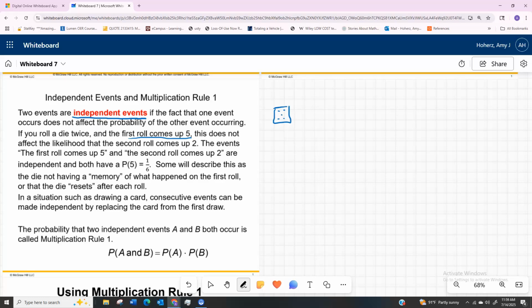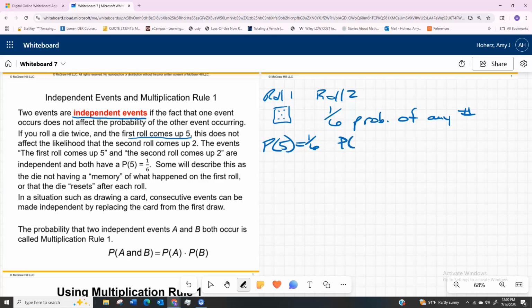Just because I roll a 5 the first time doesn't mean that on roll 2, I don't still have a 1/6 probability of any number on the die occurring. I have a 1/6 chance of a 1, a 1/6 chance of a 2, a 1/6 chance of a 3, and so on. So the probability of rolling a 5 on the first die is 1/6. The probability of rolling a 2 on the second die is still 1/6. They would all be equal to each other.